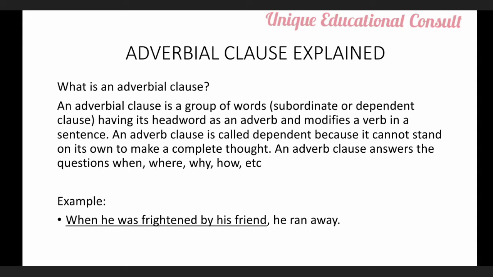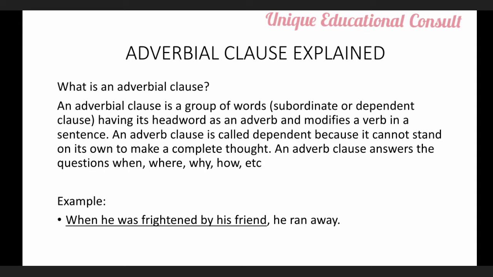Now, let's look at a sentence example of what we are talking about. Here it is. When he was frightened by his friend, he ran away. You see that I underlined a group of words. That is the adverb clause that we have in this sentence. And also we have some set words. He ran away.